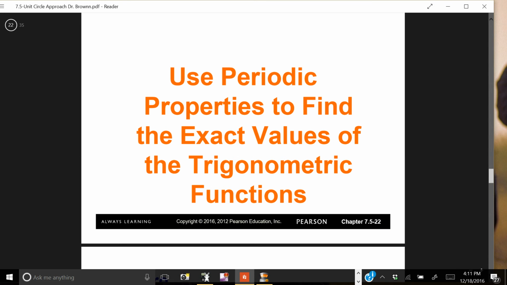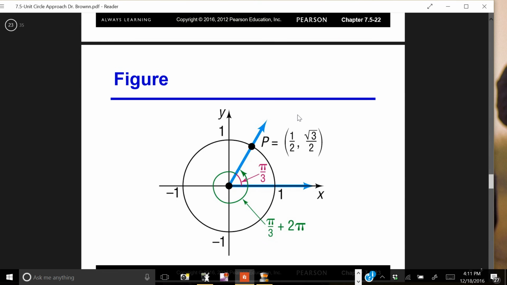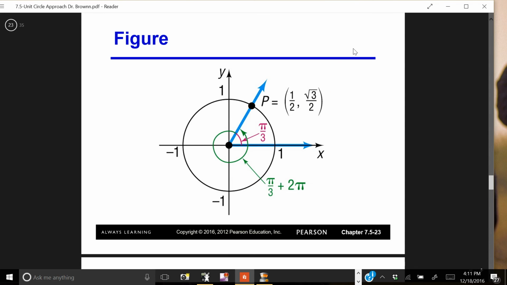Now, notice that as you go around and around the unit circle, the values of the trig functions repeat. So they have periodic properties. If you started at a given point on the unit circle, like pi over 3, and went pi over 3 plus 2 pi, you're back at the same point.